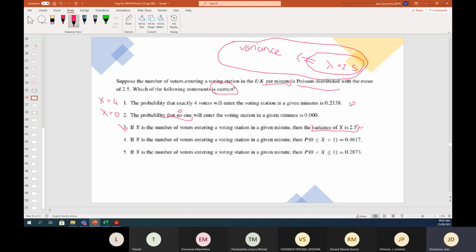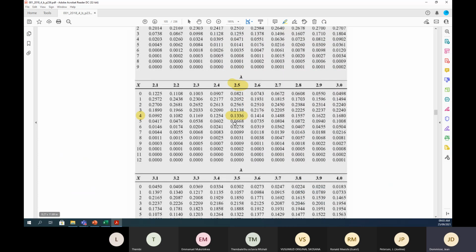Okay, so it should be 0.1336. I just want to check where I got that. If we looked at 3, we would have gotten 0.21, but they told us it's 4, so that is why that one was wrong.